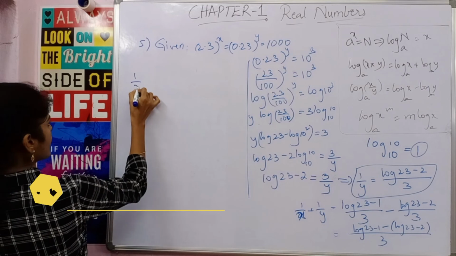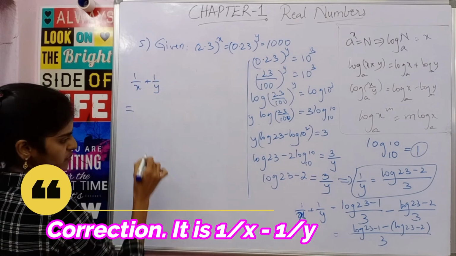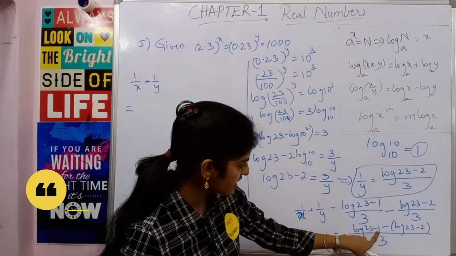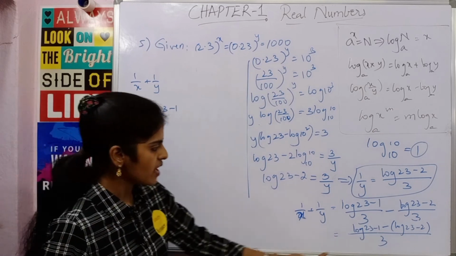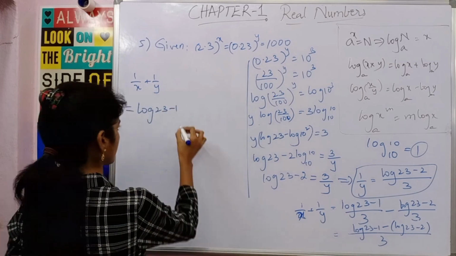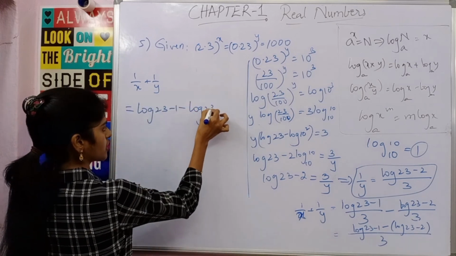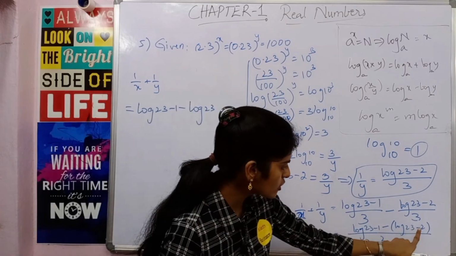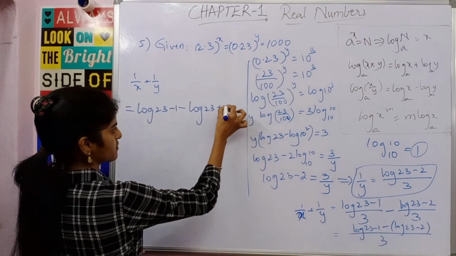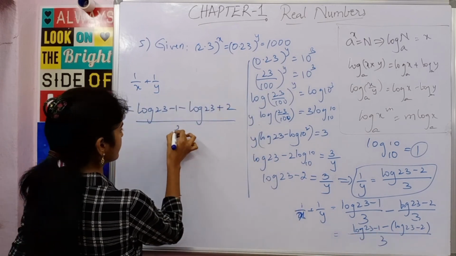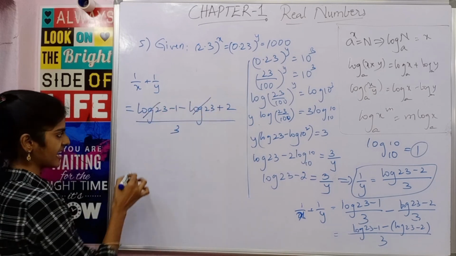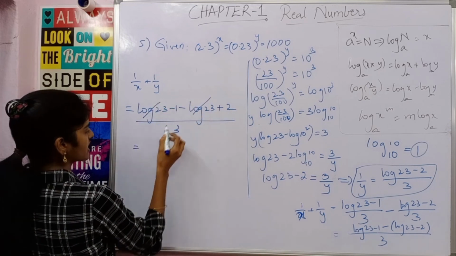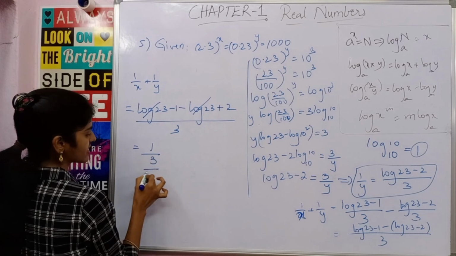So 1 by x plus 1 by y is nothing but log 23 minus 1 minus log 23, so it is minus log 23. Now minus into minus is plus, so it is plus 2, divided by 3. Log 23 minus log 23 gets cancelled, and 2 minus 1 is what? 1. So the answer is 1 by 3.